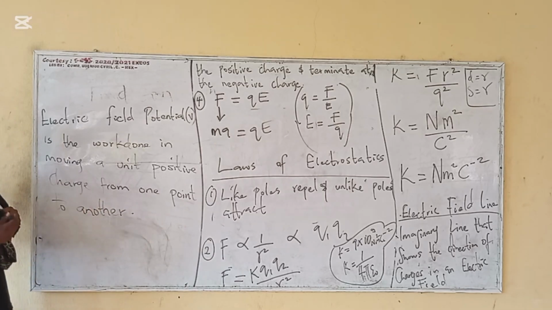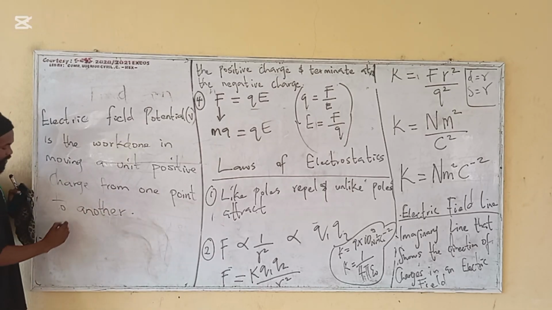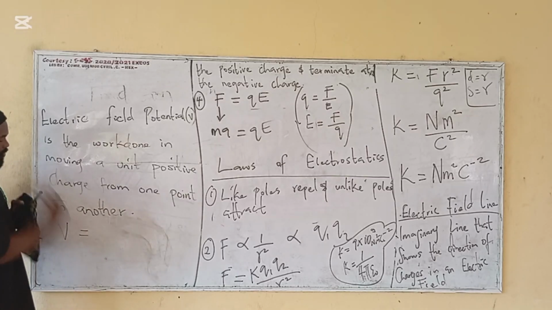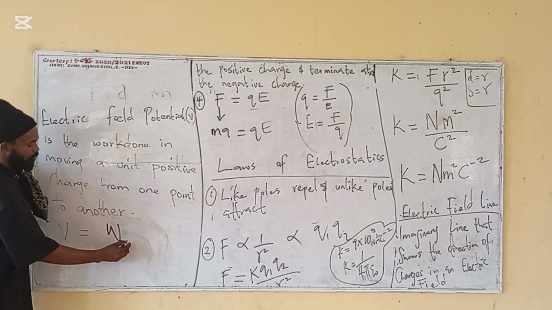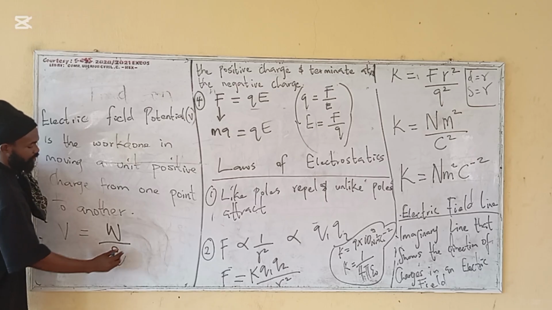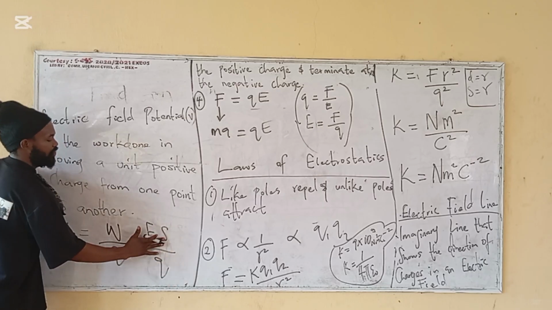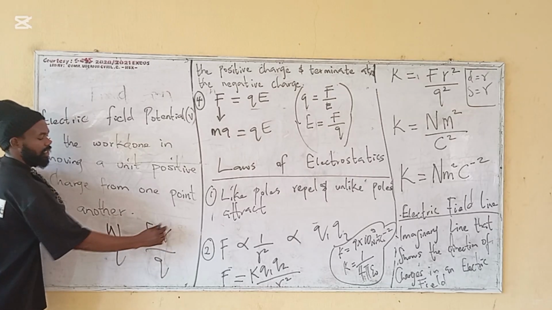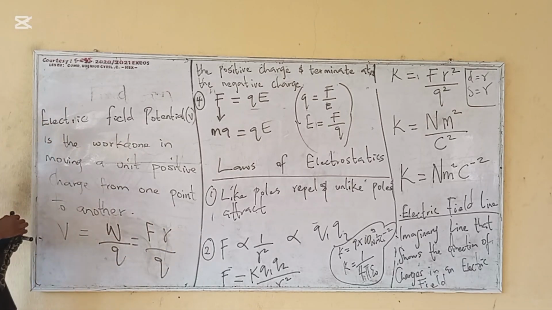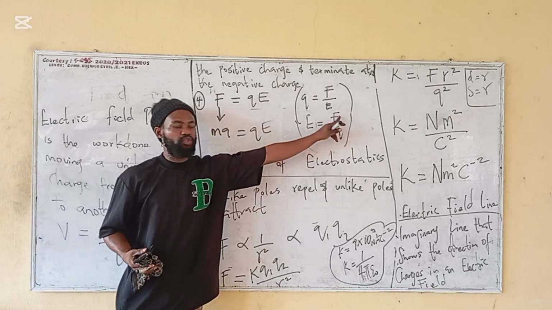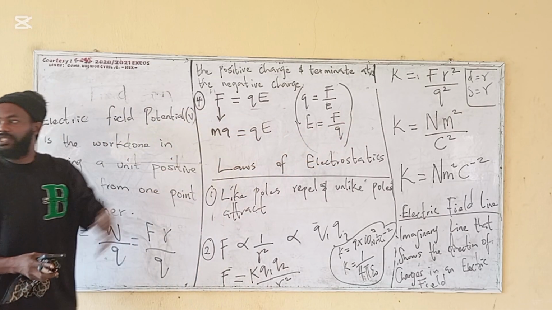So this is V. We simply give it by V equals work done over charge, which is essentially saying Fs all over Q, but in electric field we don't use S, we use R. So it is simply FR over Q. And we know that F over Q is the electric field intensity.